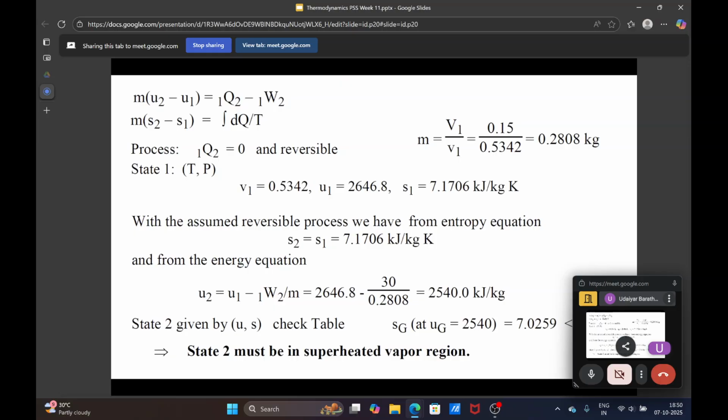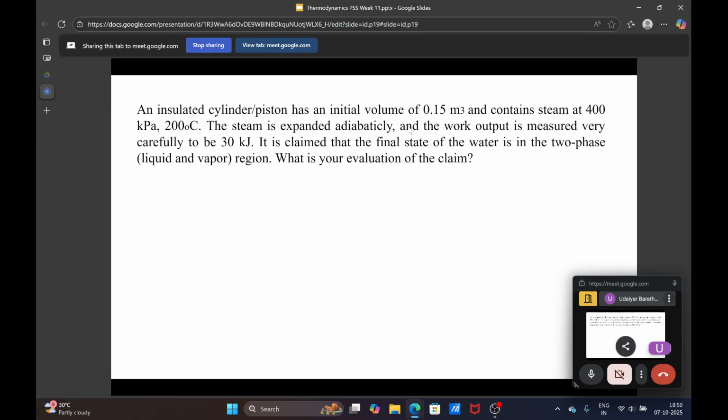So mass we know, 0.2808 kilograms, and the initial state internal energy is 2646.8 and entropy is 7.1706 kilojoule per kg Kelvin. Since this is an adiabatic case and we assume it to be a reversible process, both S2 and S1 are equal.